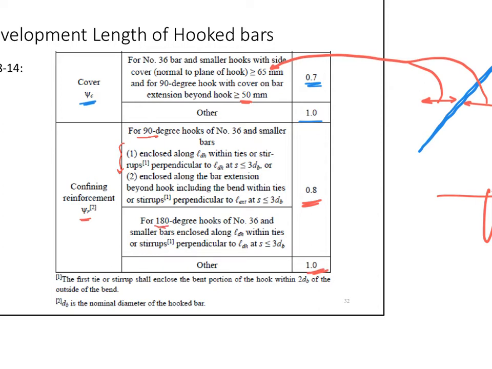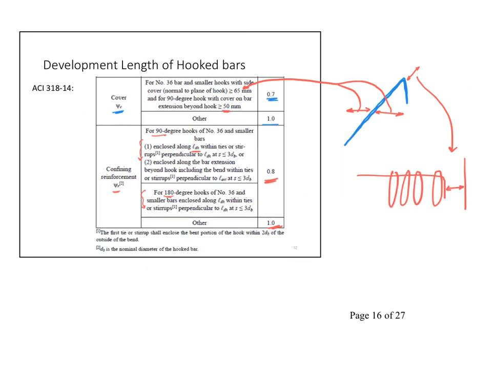For a 180-degree hook, these provisions apply. It says enclosed along LDH with ties or stirrups perpendicular to LDH, where the spacing between each tie and the next tie, or each stirrup and the next stirrup, is less than 3 dB along LDH.